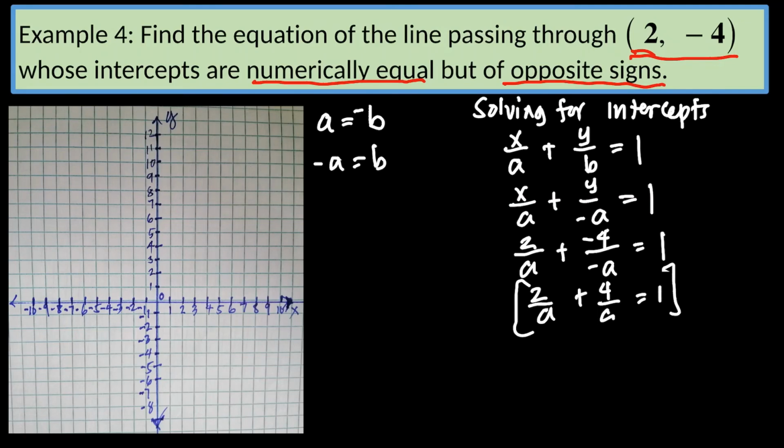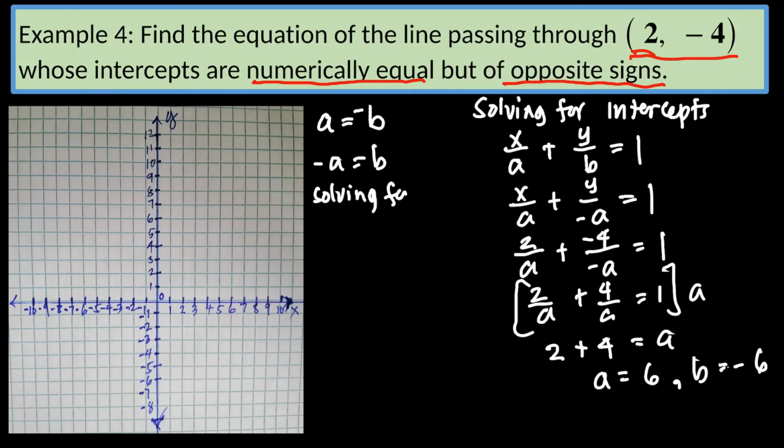So if we multiply both sides by a, this will give us 2 plus 4 equals a. This means that a is equal to 6 and b is equal to negative 6. Alright, so now that we have the value of the intercepts, we solve for the equation of the line.